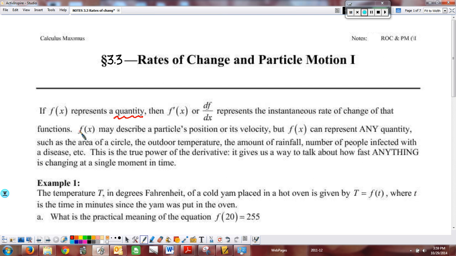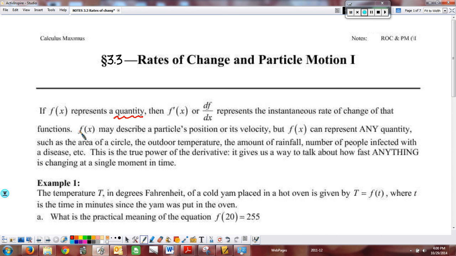At a certain time you have a certain quantity of an object, whether that is height or position, location left or right of a certain starting point, position up and down from a starting point, or even just a quantity of widgets that you have made. At time t, you have X number or Y number of widgets.